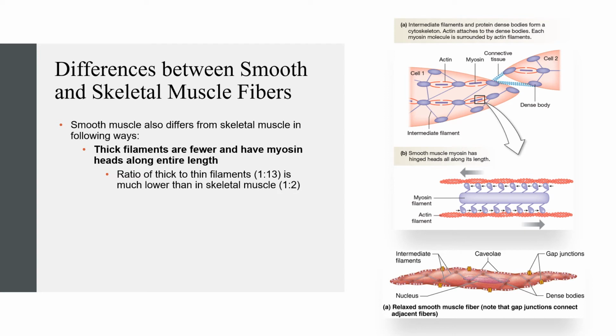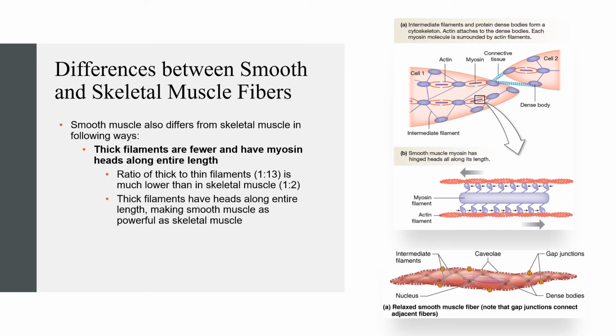The ratio of thick to thin filaments is going to be much lower than we see in skeletal muscle. In skeletal muscle, we have 1 thick filament to 2 thin filaments, and in the smooth muscle, we're going to have a 1 to 13 ratio. So much different at the myofilament level.